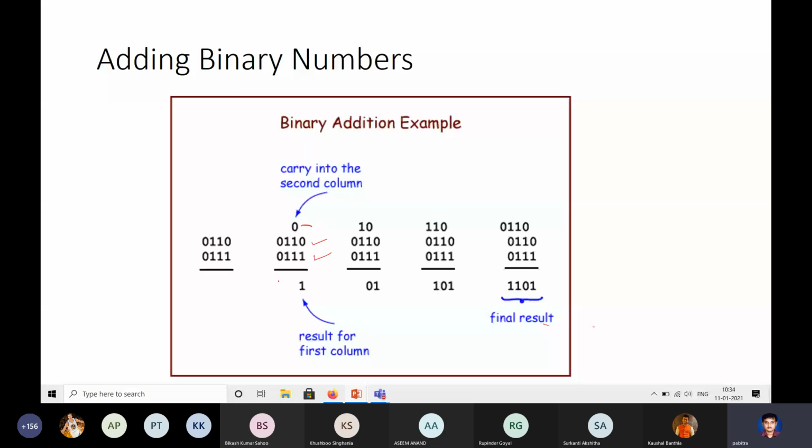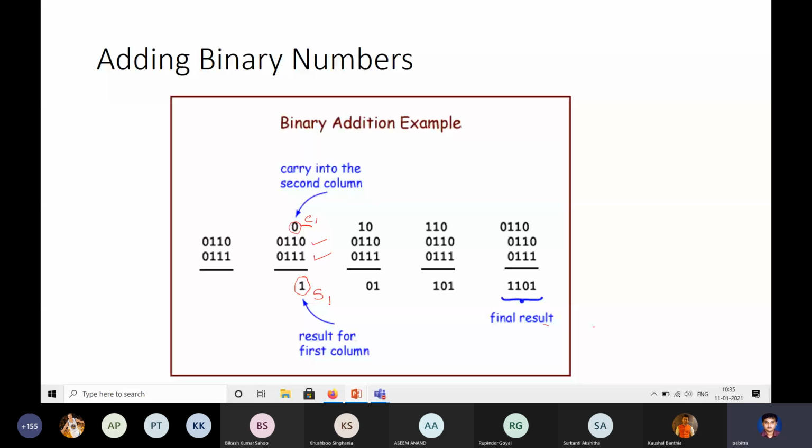The most significant bit is 0, which I call carry, and the least significant is 1, which I call sum. So sum is 1 and carry is 0. This is the result of adding the first column of the least significant bit. In other words, instead of this decimal kind of representation, you can also think of it as a rule. That is, if you add 0 and 1, you get result 1 and a carry of 0.